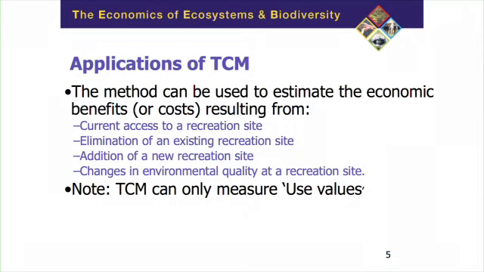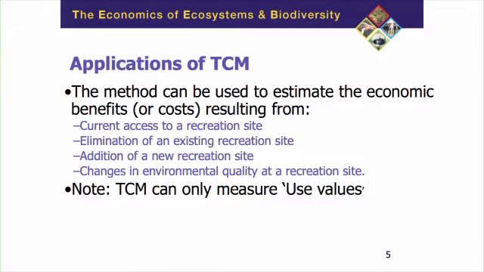If you've got, say, a wetland area and there's some industrial development and they want to build on this wetland area, then we can do a travel cost study to see how important it is. So if that wetland site disappears, we can say something about how important it is.